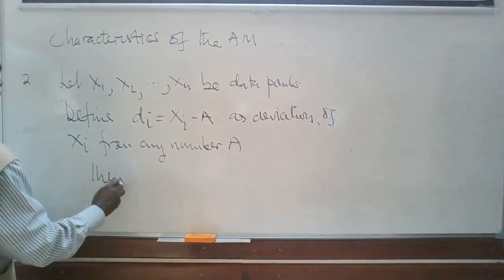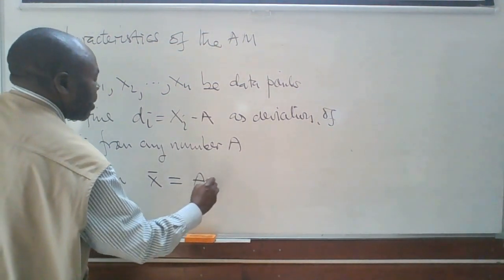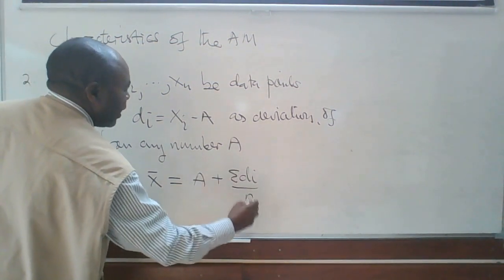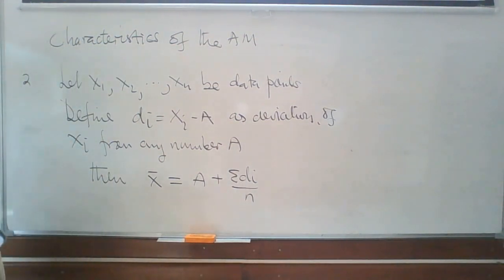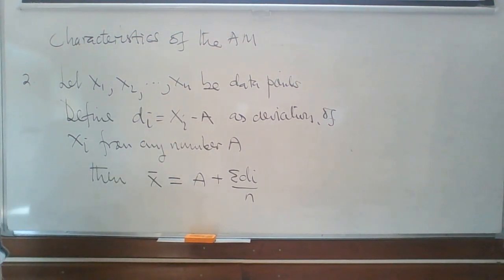Then x bar actually is equal to a plus summation di over n. So these are just deviations of xi from a, any number at all.